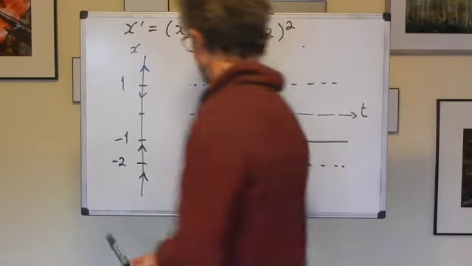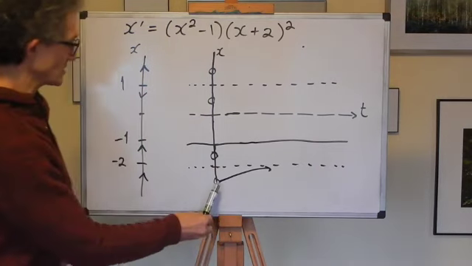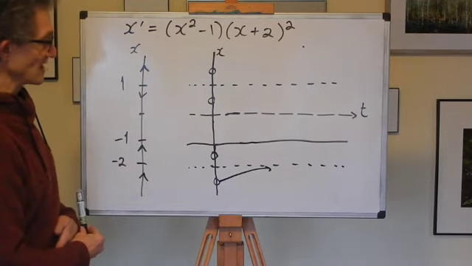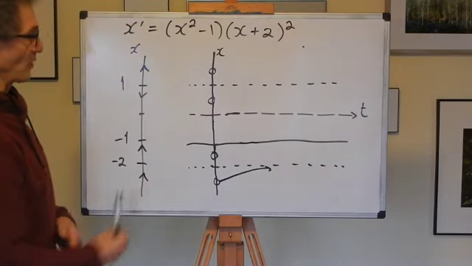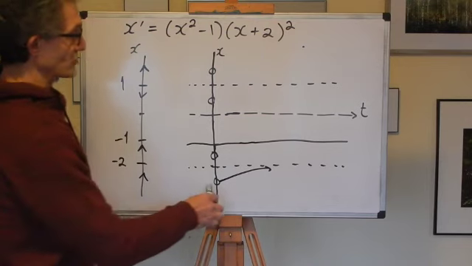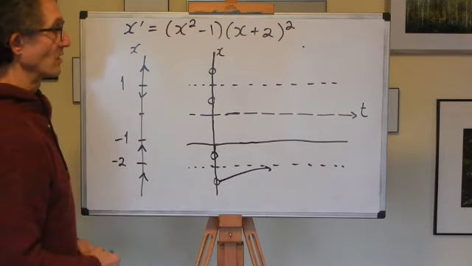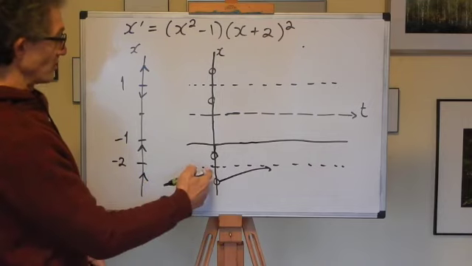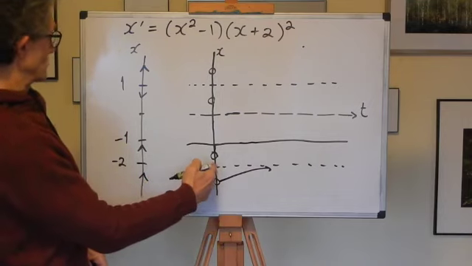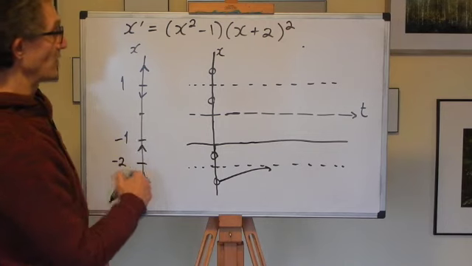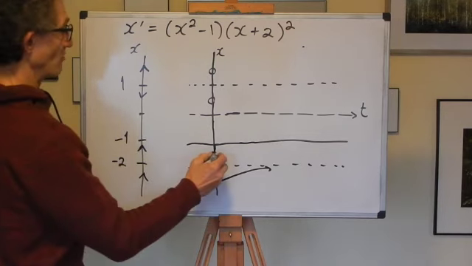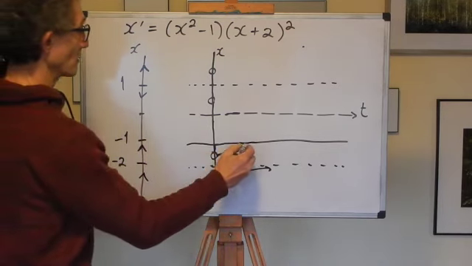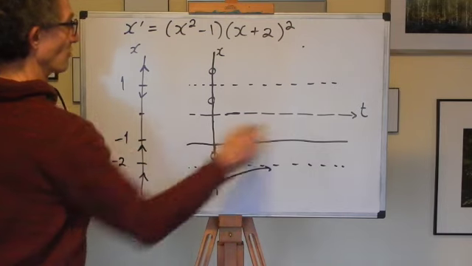So let's look at the trajectories. If we start below minus 2, then x prime is positive, and the trajectory approaches this node. If we start above the node with x between minus 2 and minus 1, the trajectory is increasing and approaching this sink.